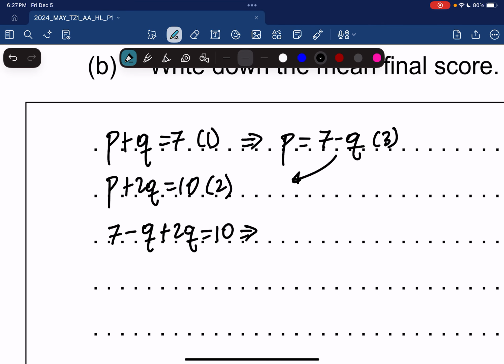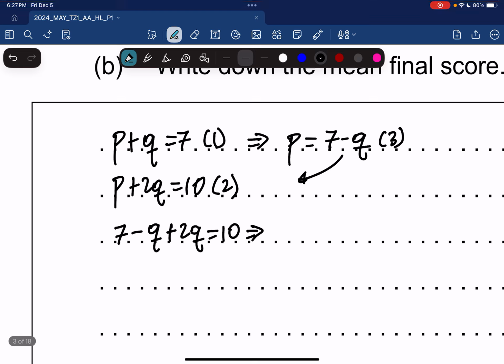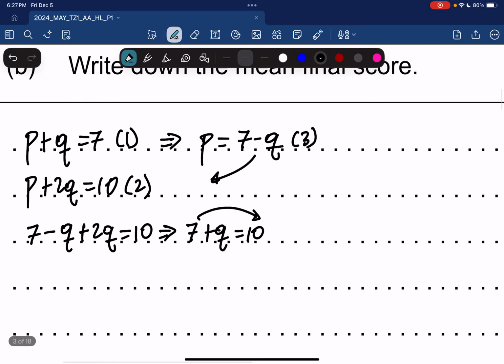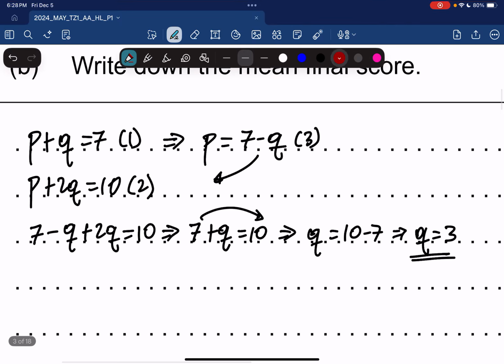And I can solve for Q, which is going to be negative Q plus 2Q, which gives me Q. So I end up with 7 plus Q is equal to 10. And then I can isolate Q, so Q is equal to 10 minus 7, which tells me that Q is equal to 3. And that is our first answer.